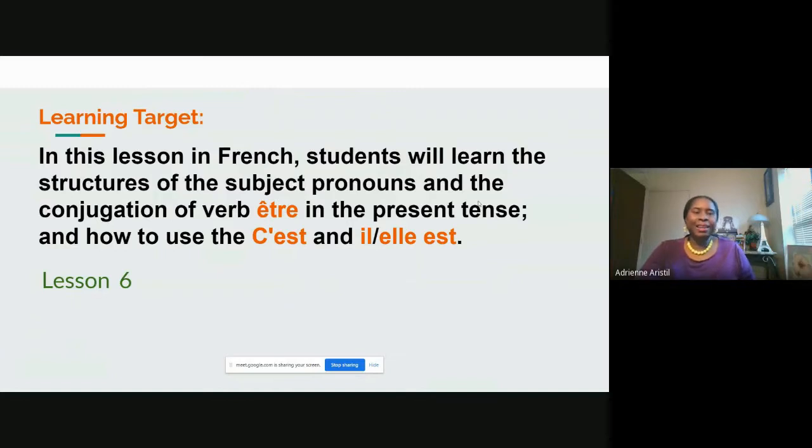Yes, today in this lesson we are going to learn in French the structure of the subject pronouns, the conjugation of the verb être in the present tense, and how to use c'est and il est.